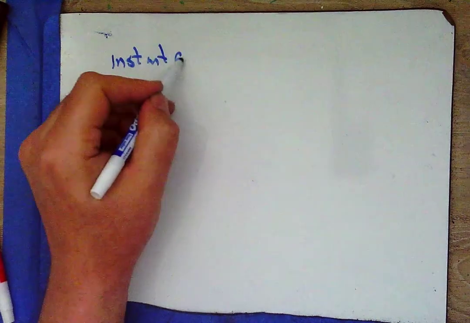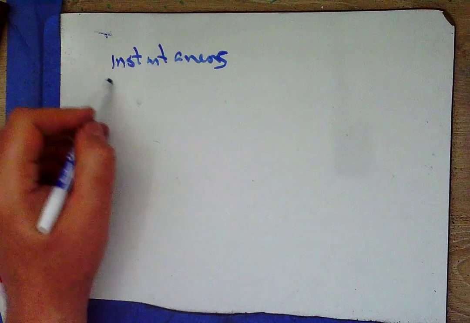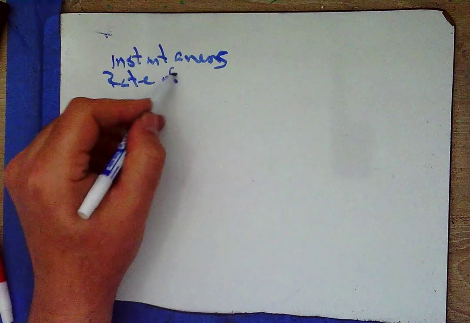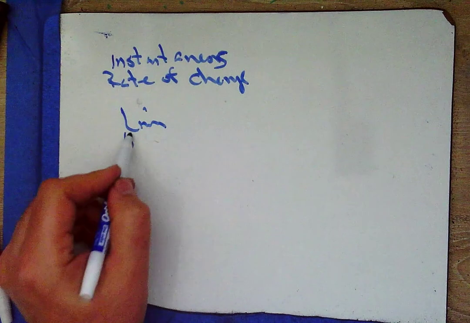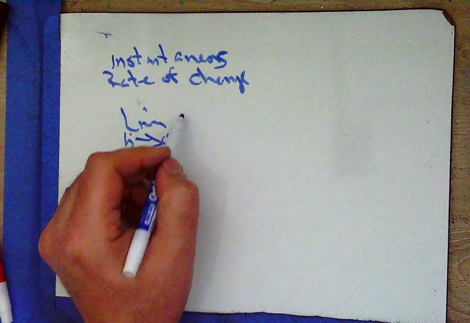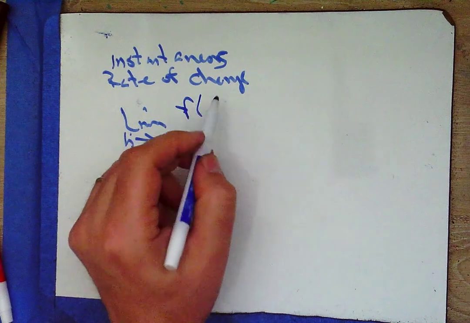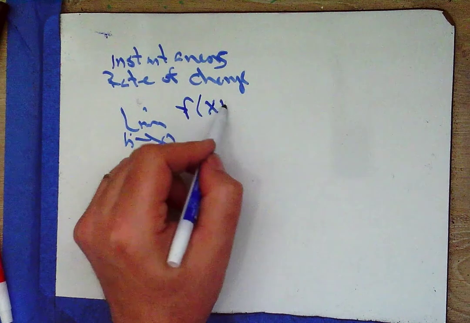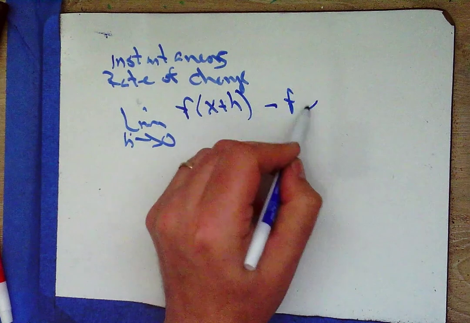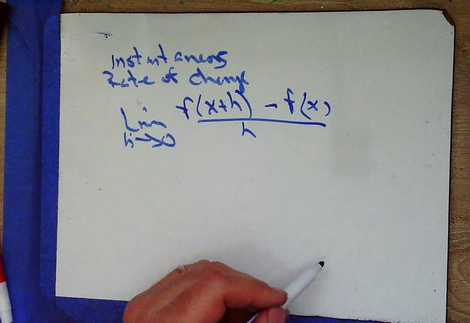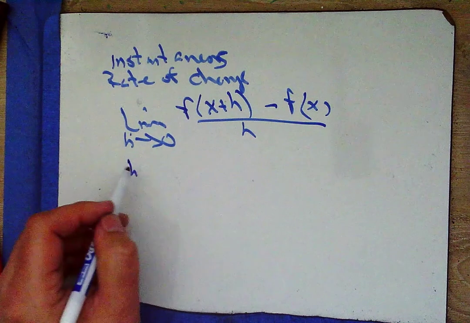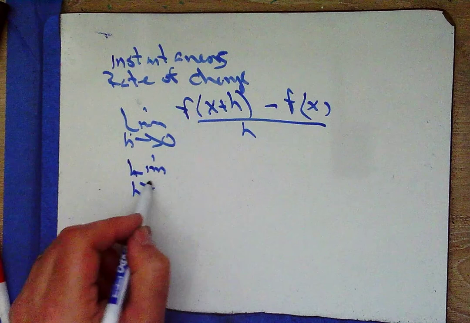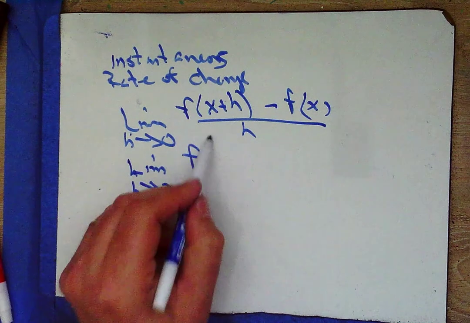So again, instantaneous rate of change is a limit as h approaches 0 of f of x plus h minus f of x over h. Or we could have, that's a general form of it, we could have limit as h heads to 0 of f of some number.